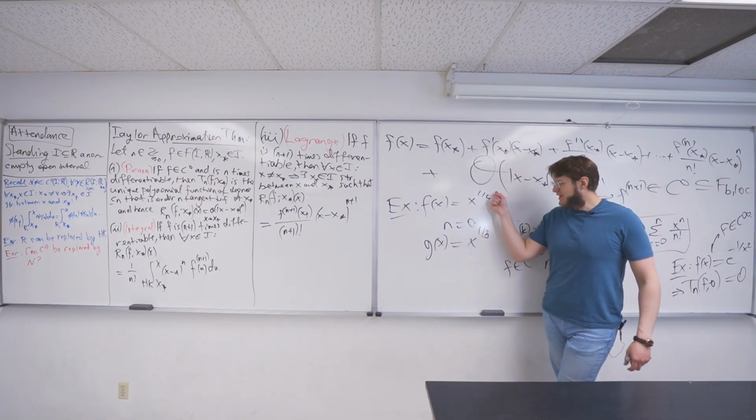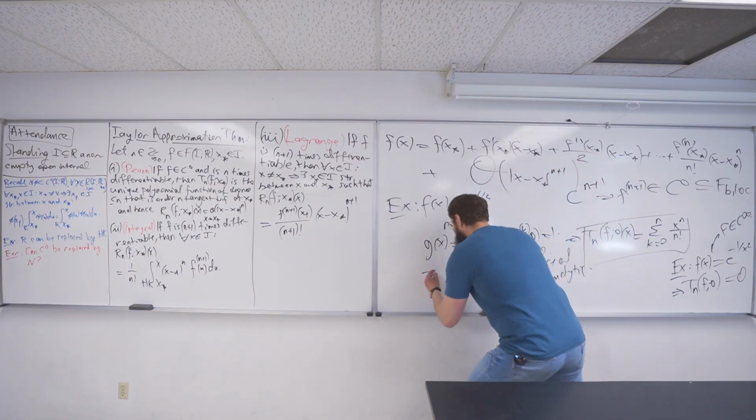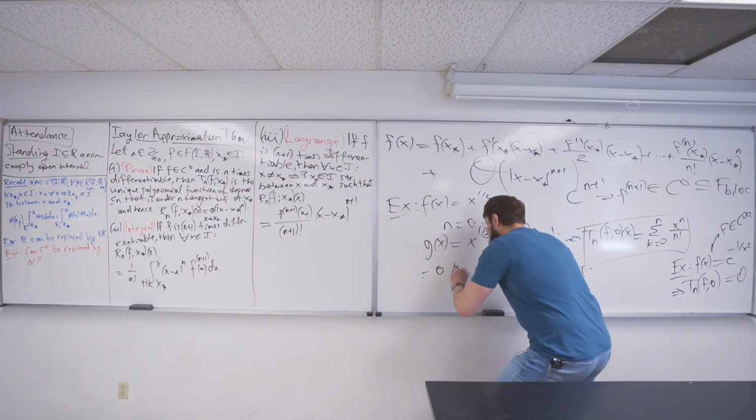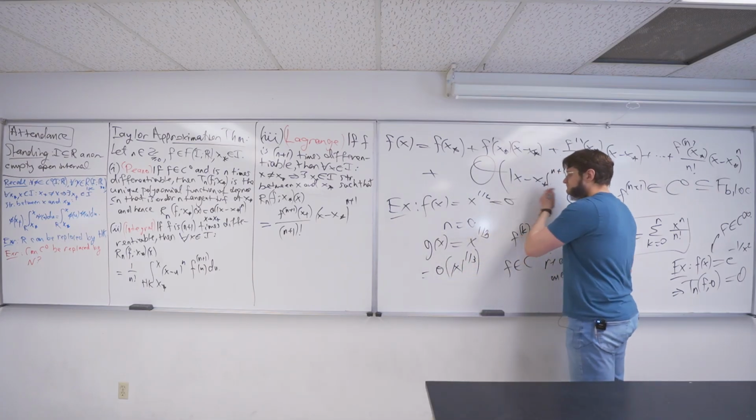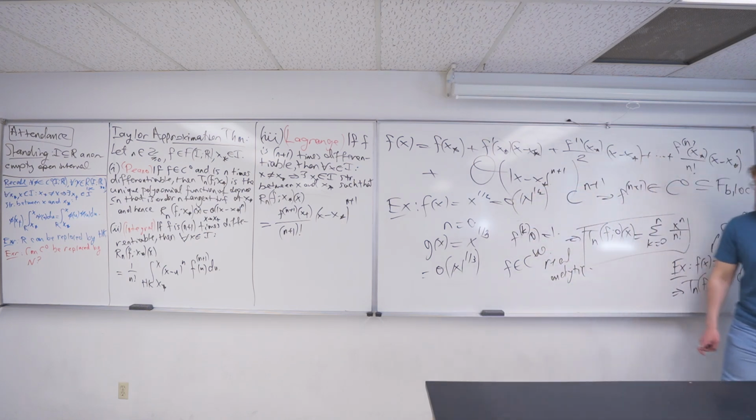This decays faster than this does. So this is little o of x raised to the power 1 over 3. This is little o of x raised to the power 1/2.